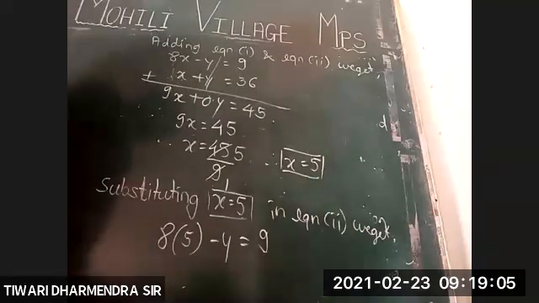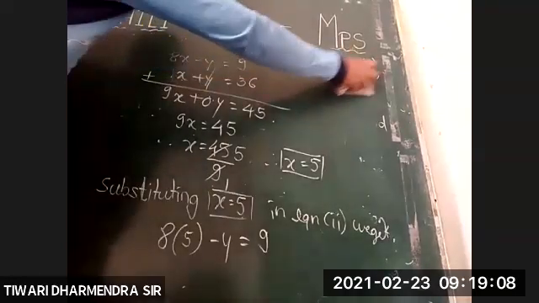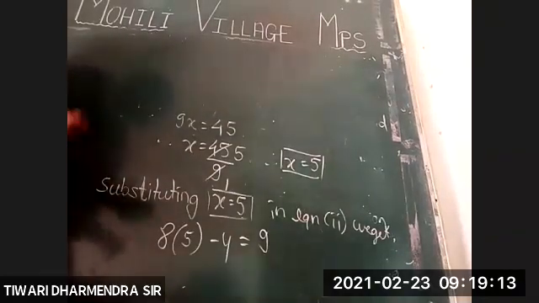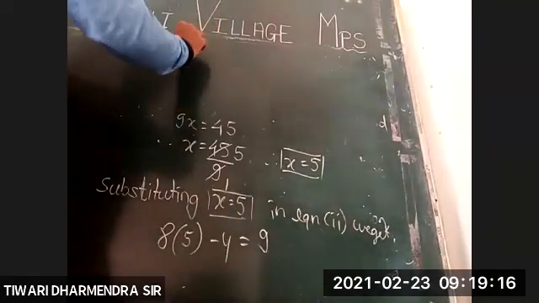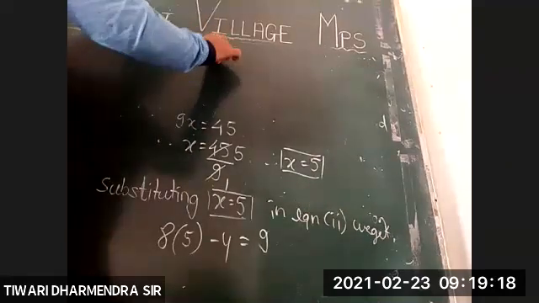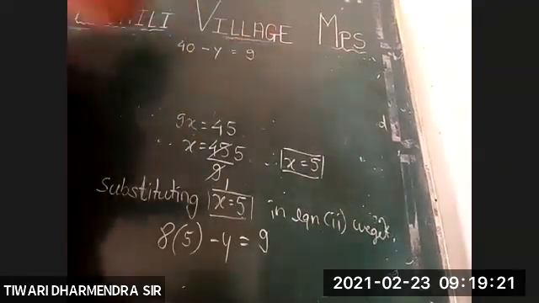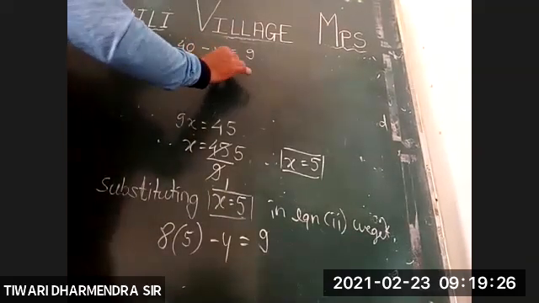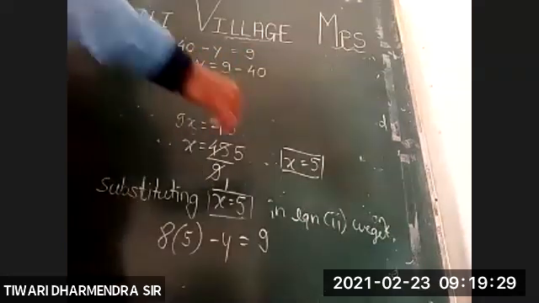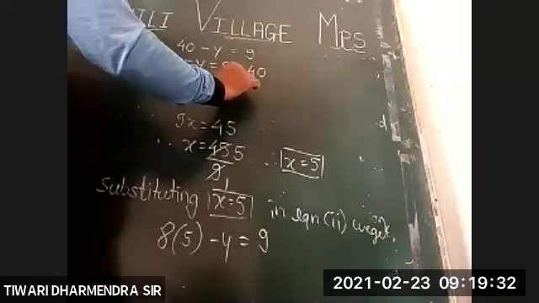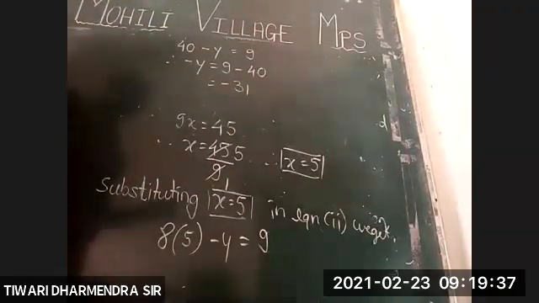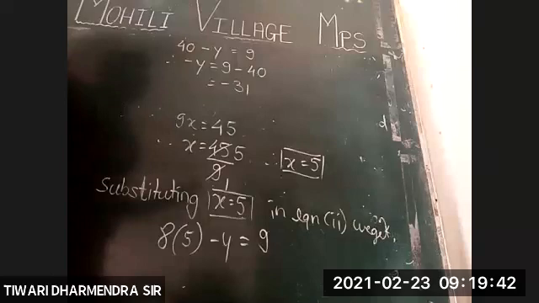After this, we multiply: 8 fives are 40. 40 minus y is equal to 9. So therefore, minus y is equal to 9 minus 40. 9 minus 40 is minus 31, because with plus and minus the sign is that of the greater number, which is 40, so its sign is negative.